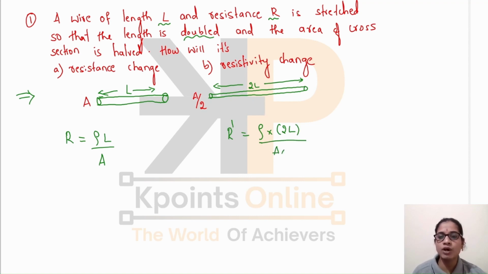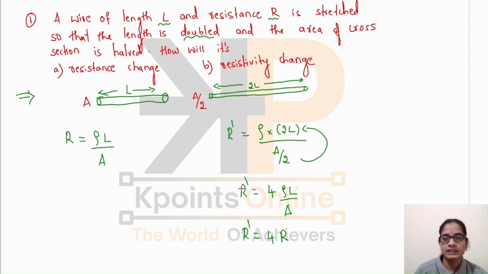Area has become half of the initial value. This 2 will go to upside, so R dash will be 4 rho L upon A. You can see here this rho L upon A is the value of R. So I can write it as R dash is equal to 4R. Now how has the resistance changed? It has become 4 times that of the initial resistance. This is the resistance once the wire is stretched.